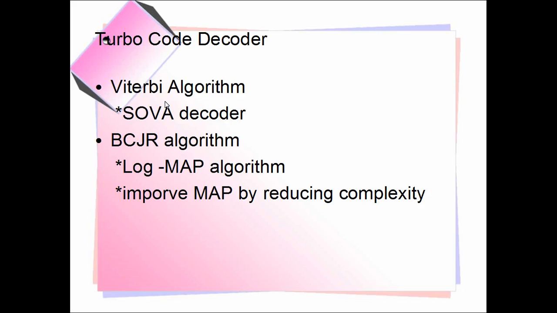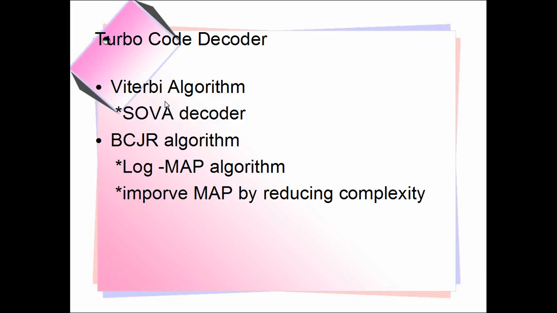Okay, next let's talk about the turbo code decoder. For turbo code, several algorithms can support this decoder. Let's talk about the most widely used algorithms. The first one is the Viterbi algorithm, which is the algorithm used in UMTS, the mobile cellular communication standard of the third generation.